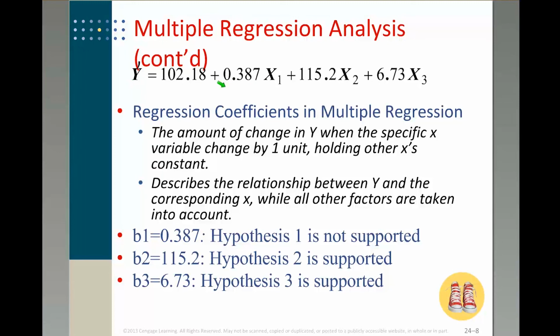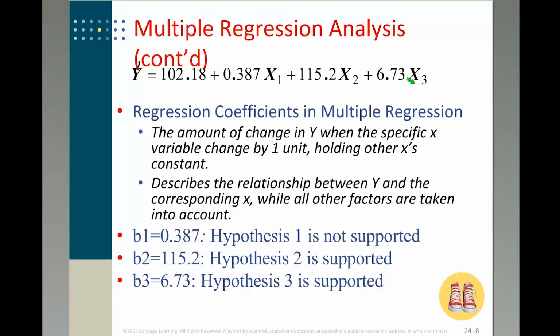It also tells us when competitive sales increase by 1 unit, the company sales will increase by 0.387, okay? And then we should also mention that when we ask X1 to increase by 1 unit, at the same time, we are holding X2 and X3 constant.